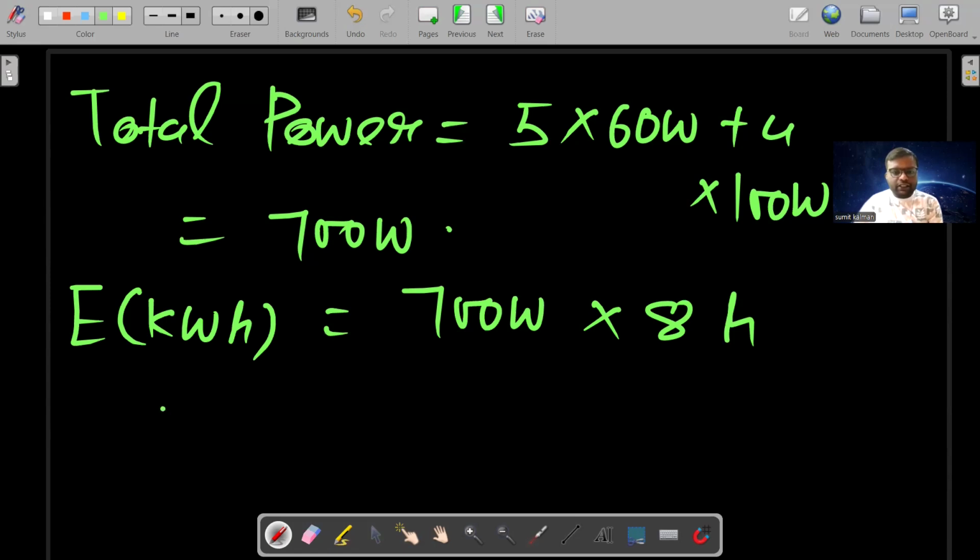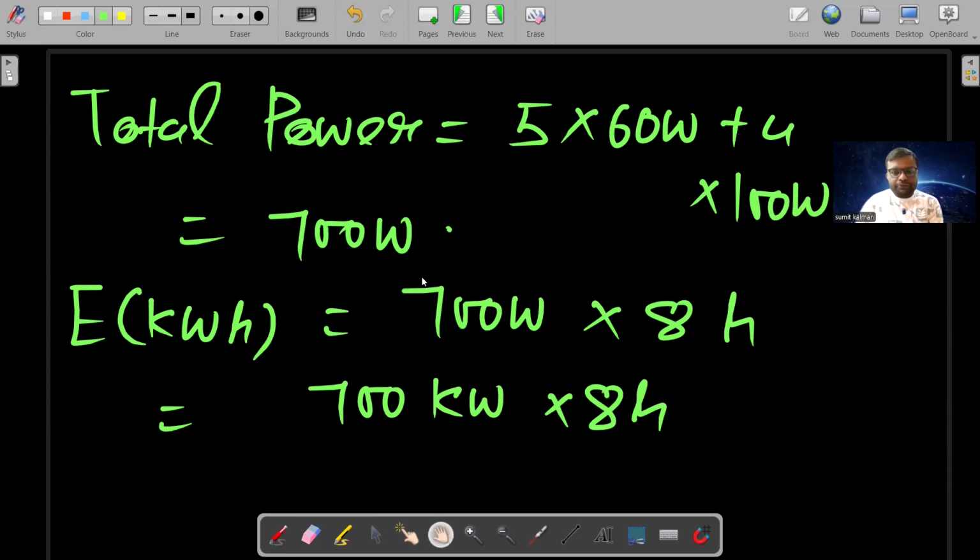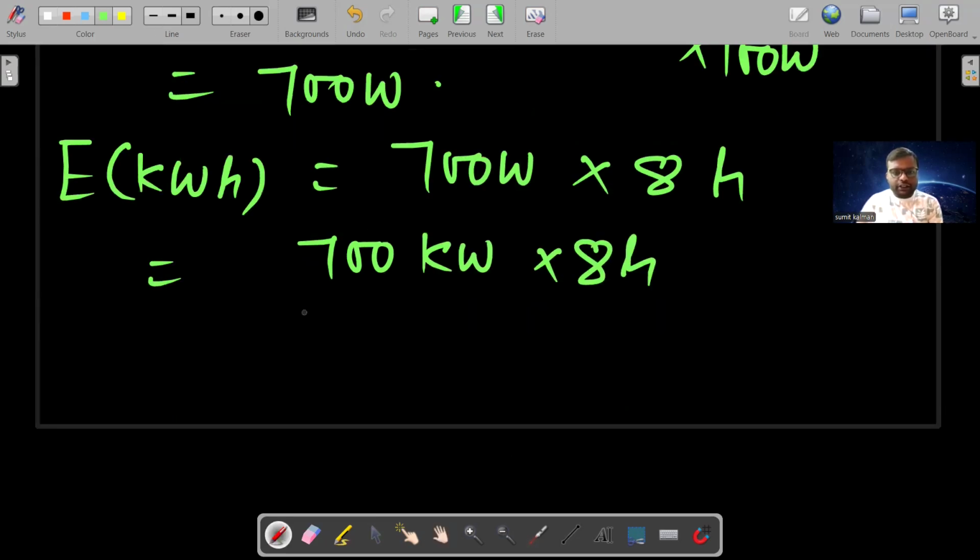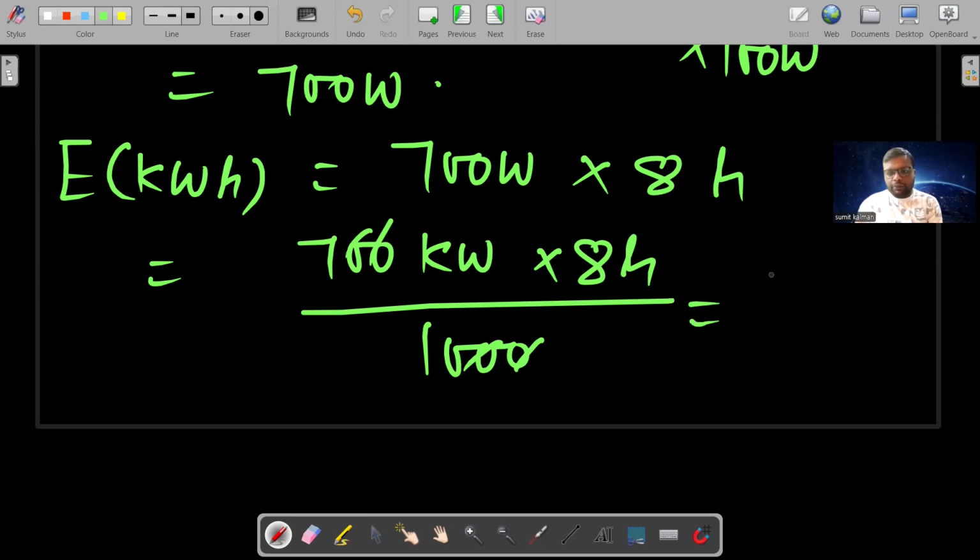Now, friends, we need kilowatt hour, so we will divide by 1000: 700 watt into 8 hour upon 1000. Is that clear? So here 56 upon 10, 5.6 kilowatt hour.